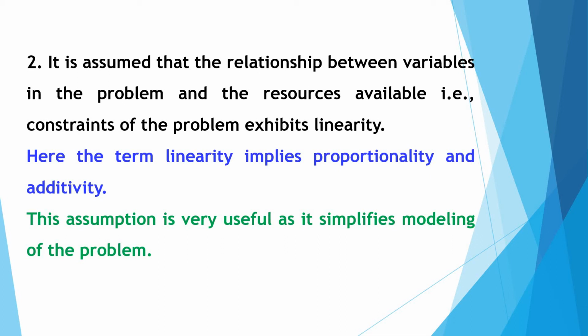For example, in the previous example, we had not used machine M1 for product X, but we had used machine M2 for 1 hour. So 0 and 1 are proportionality, and additivity we said 0x plus 1y less than or equal to 25. This assumption is very useful as it simplifies modeling of the problem, because you are working with linear constraints. I can solve linear constraints physically also up to 3 variables and get the solution.